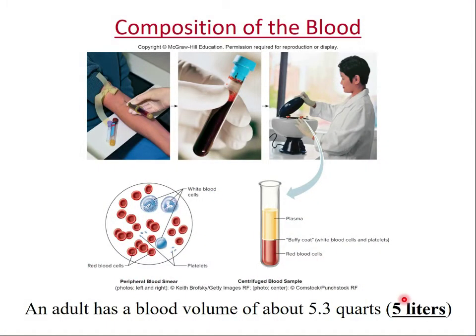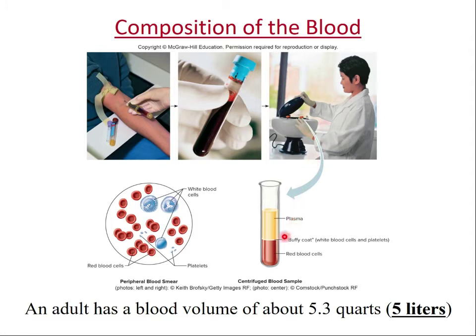We talked about blood being composed of four different components. Three are formed elements. One is the liquid form. To be able to separate the cells from the liquid component, we can obtain blood and do something called centrifugation. Here you put the blood in this particular tube and you spin it down at a fast speed.